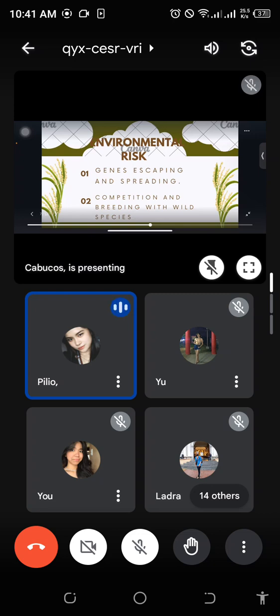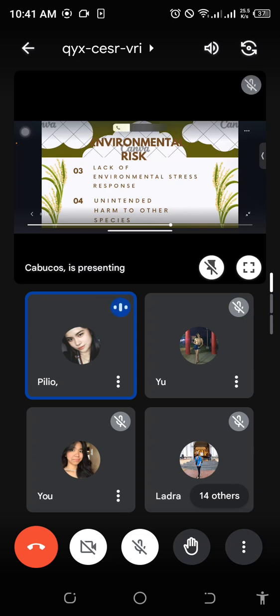Number three is lack of environmental stress response. Some GM crops may not possess sensors to adapt to environmental changes such as changes in climate or pests.